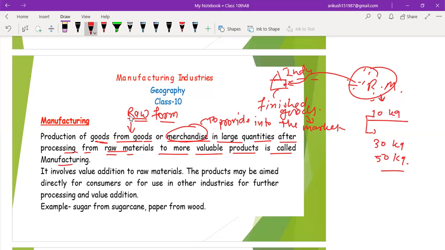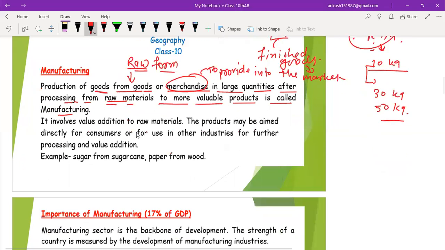So manufacturing is when we take raw material in bulk form and transform it into other usable goods available in the market. That process is called manufacturing.